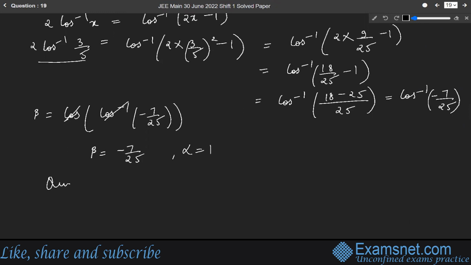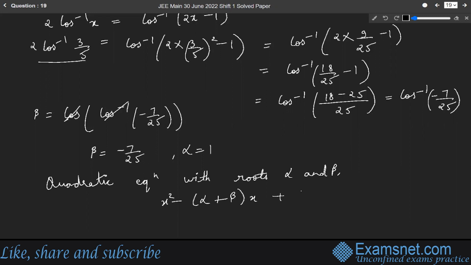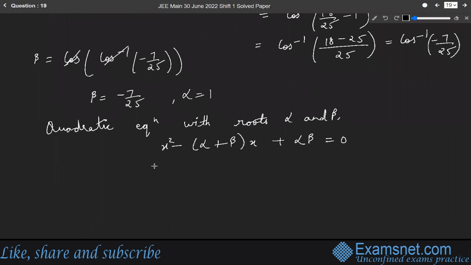The quadratic equation with two roots alpha and beta is in the form x square minus (alpha plus beta) into x plus alpha into beta is equal to 0. Here alpha plus beta is the sum of the roots and alpha into beta is the product of the roots, right?